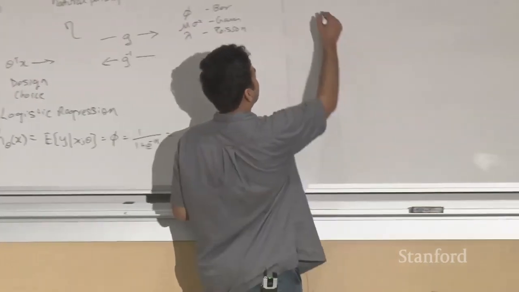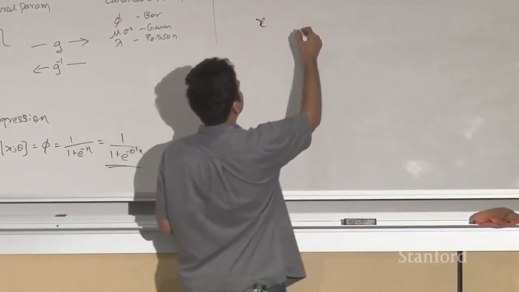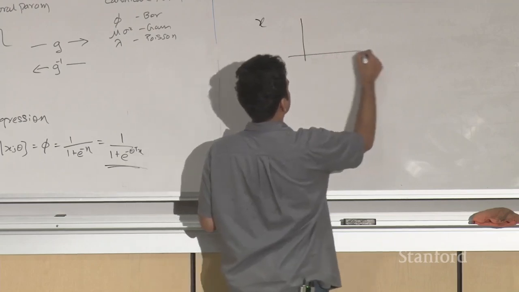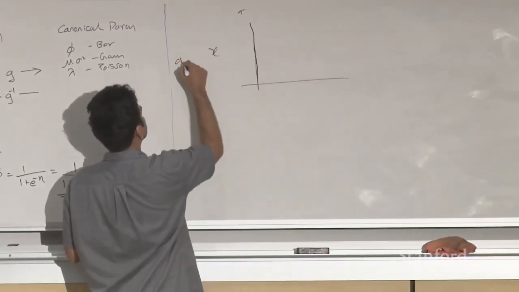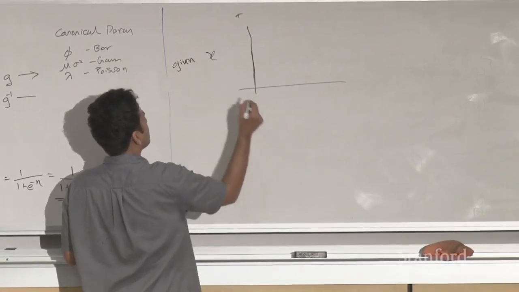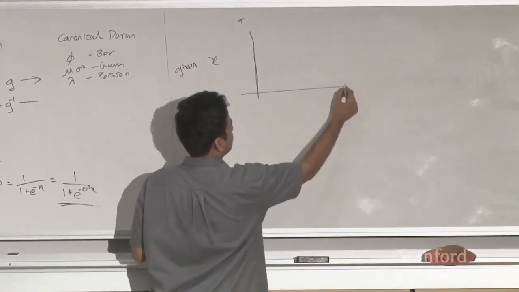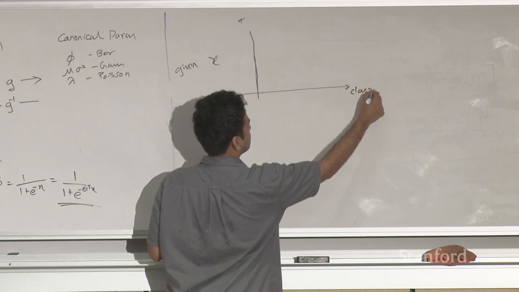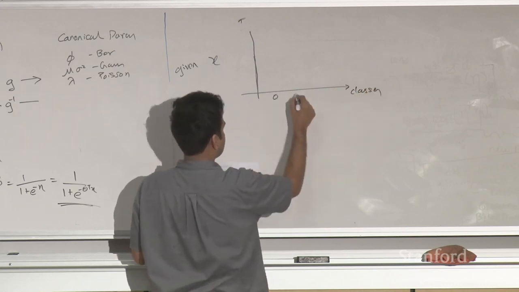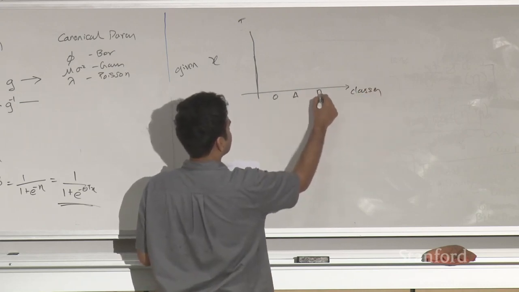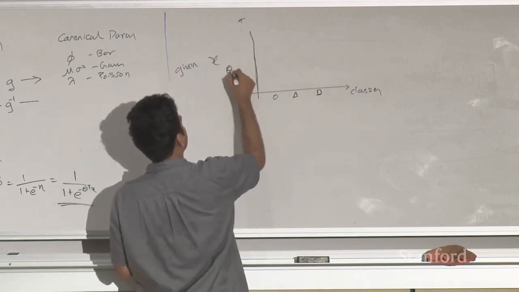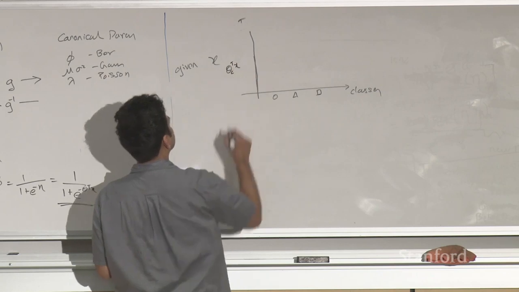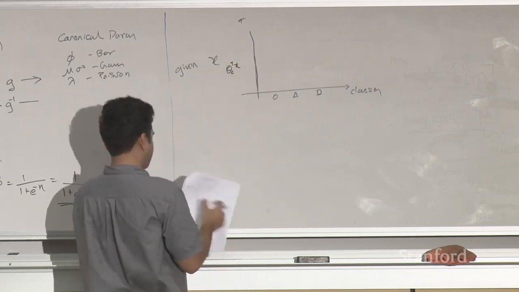So given an example x, over here we have the classes: the circle class, the triangle class, the square class. Over here we plot theta class transpose x. So we may get something that looks like this.